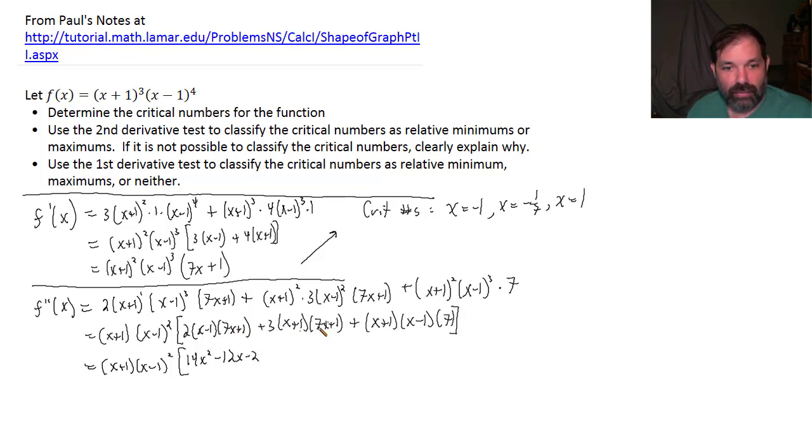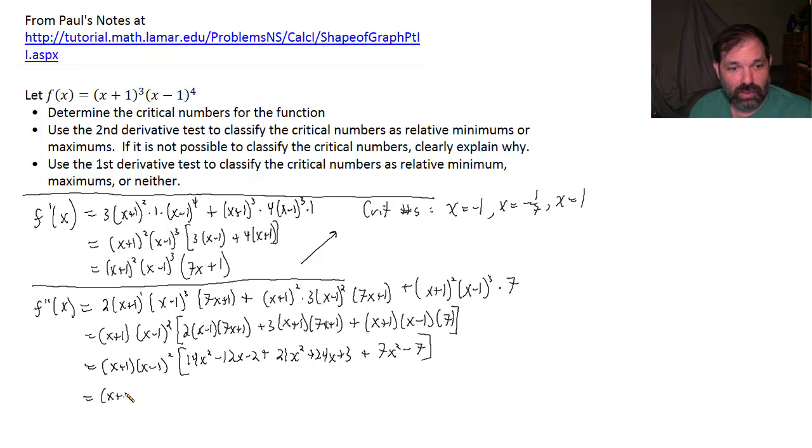Alright, then I'd have a plus 7x squared times 3, 21x squared. And then a plus 7x and a plus x, that's a plus 8x times 3, that's a plus 24x. Plus 3. (x plus 1)(x minus 1) is x squared minus 1 times 7. That's a plus 7x squared and a minus 7.